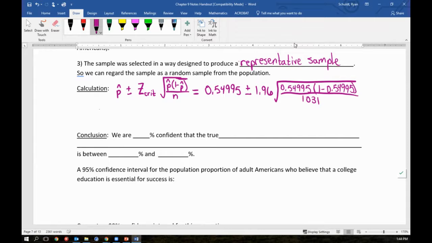So again, I recommend calculating what we now can call the error. Calculate your error.